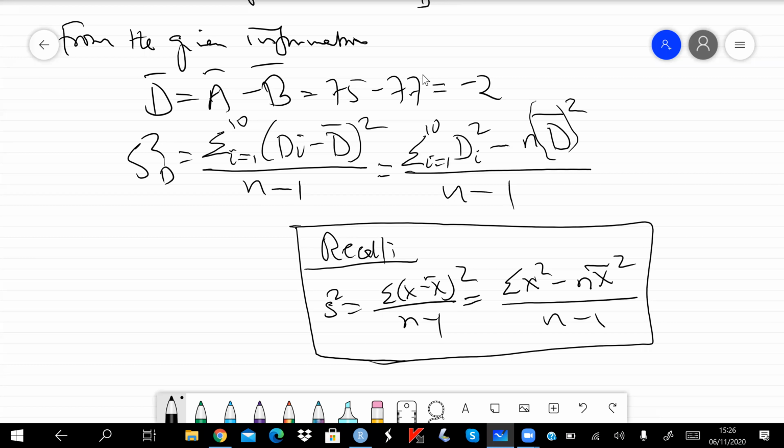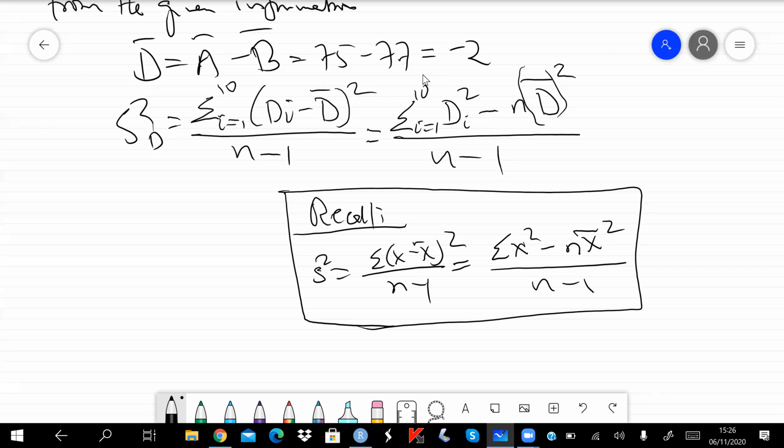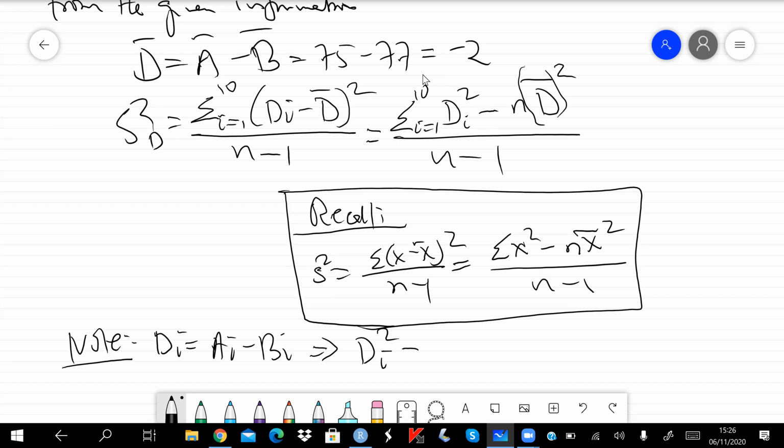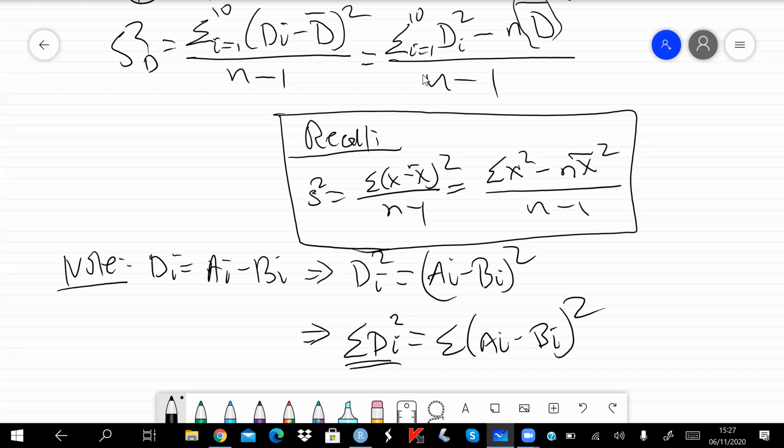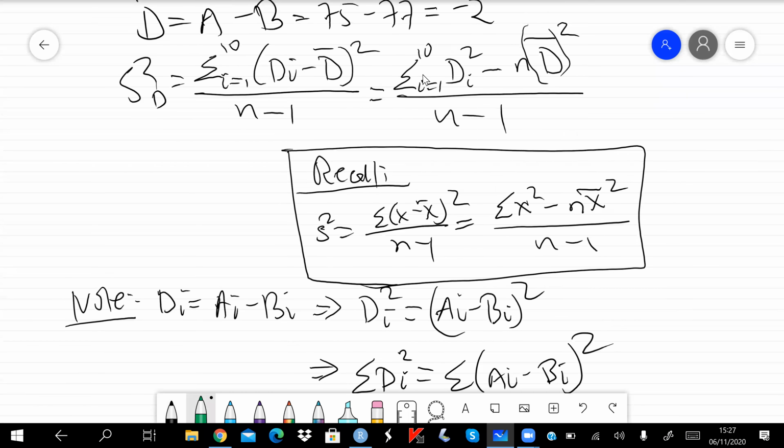Okay. And we note that from the information given, we know that d_i is equal to, we have reversed the order, a_i minus b_i. So that means that d_i squared will be equal to (a_i minus b_i) squared, which implies that the summation of d_i squared is the same as the summation of (a_i minus b_i) squared.